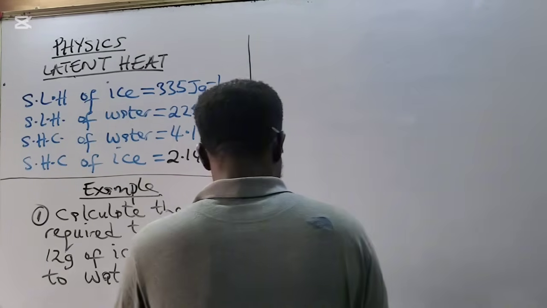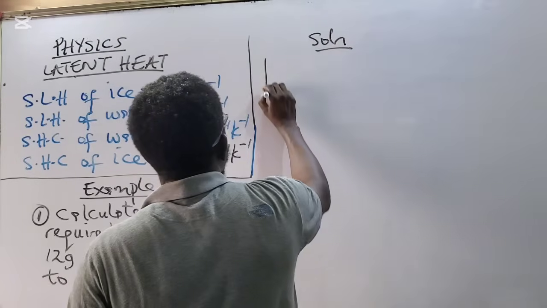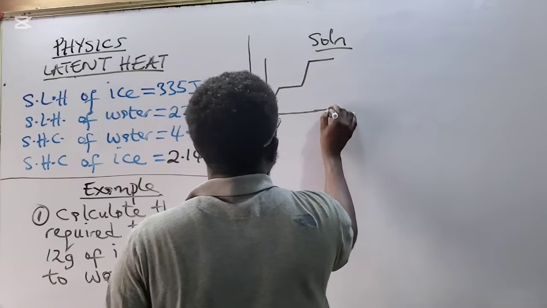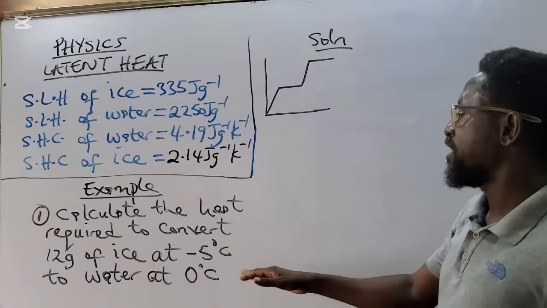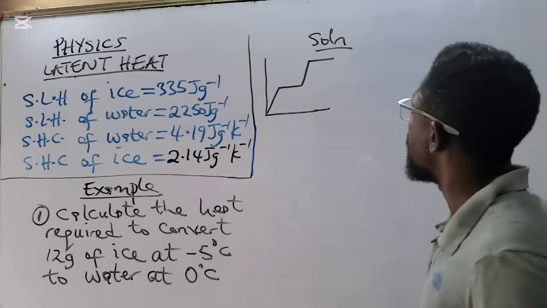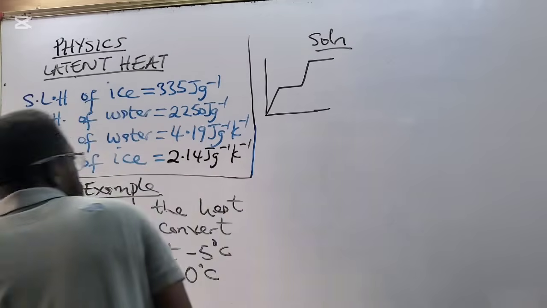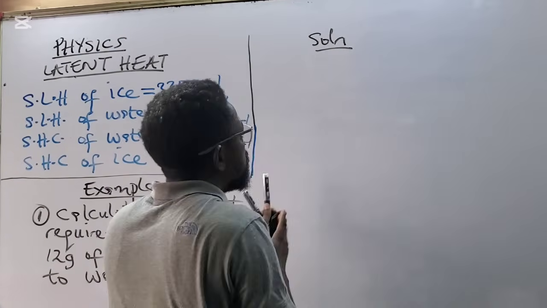Remember, I said all you need to do is just draw the diagram. Let's draw a diagram. It's like that. Now, we're going to convert ice at minus 5 to water at 0. This point here is where we have the ice at minus 5. Let me just increase the diagram size.